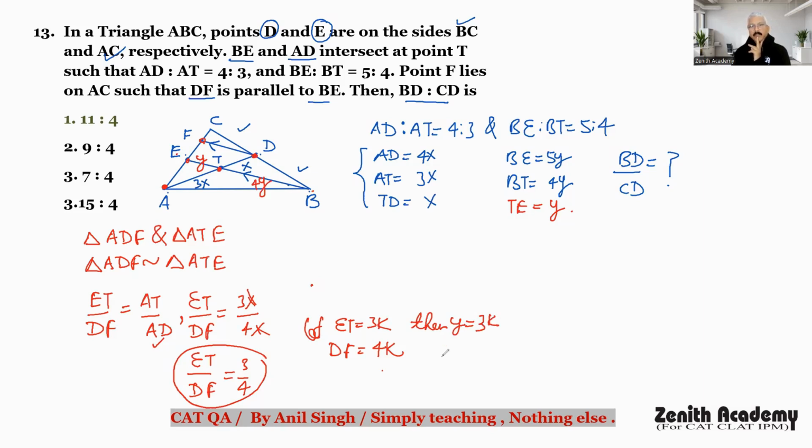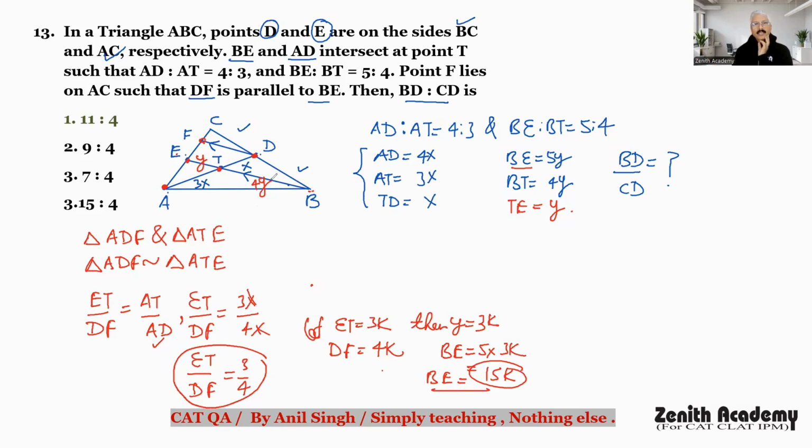It means BE is 5y, so 5 into 3k is 15k. So BE is 15k, and y is equal to 3k.